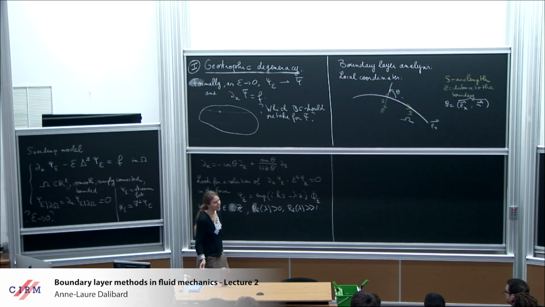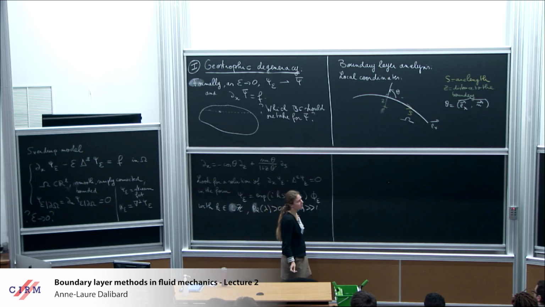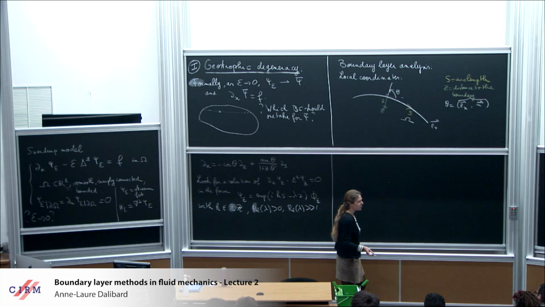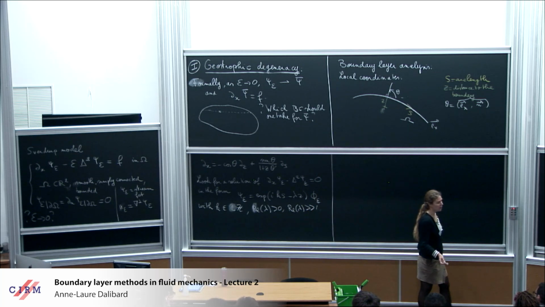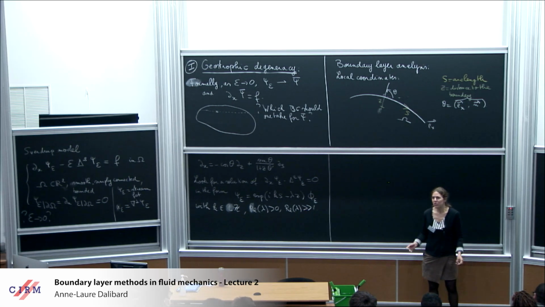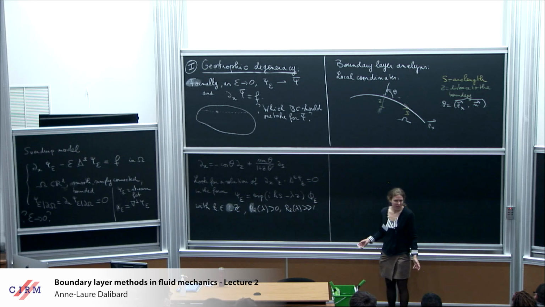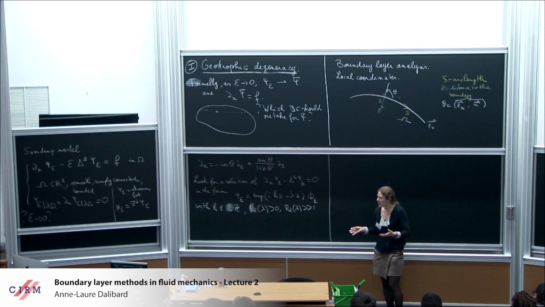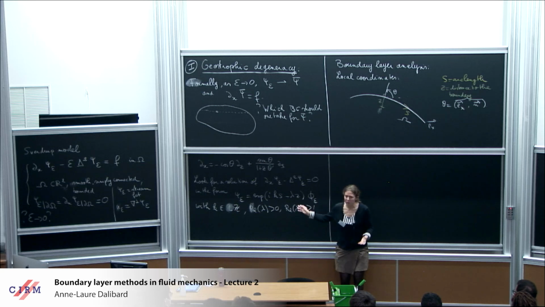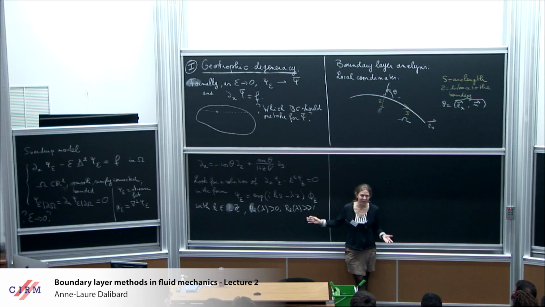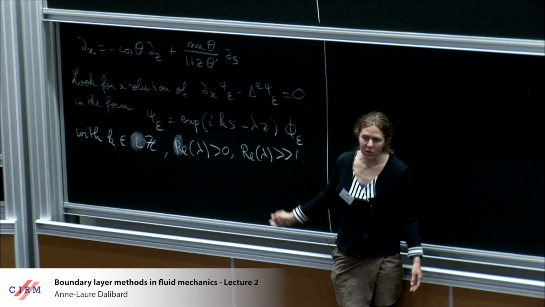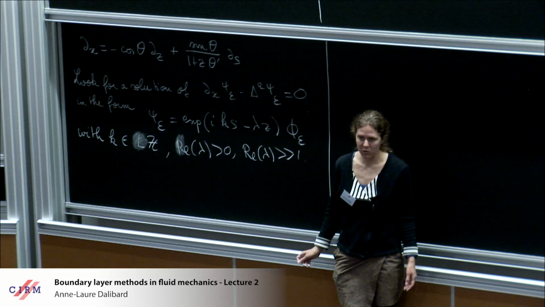One could argue that even though yesterday I was looking for global solutions, you can more or less localize everything, and even if you are only looking for a local solution in S, you still get the same equation for lambda.